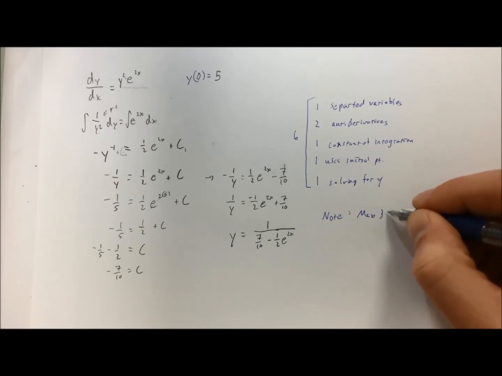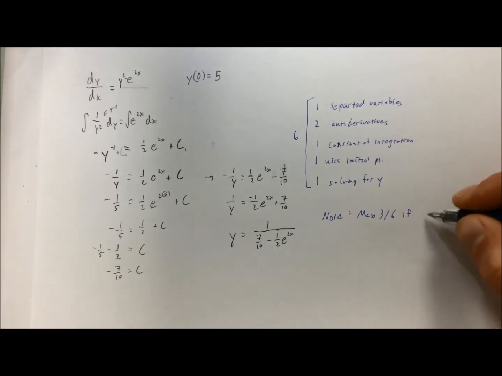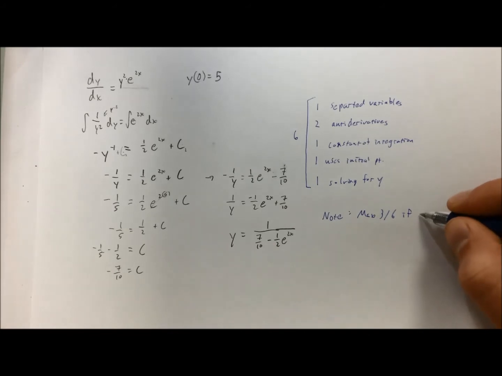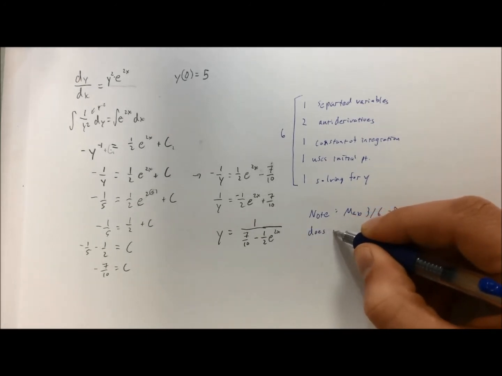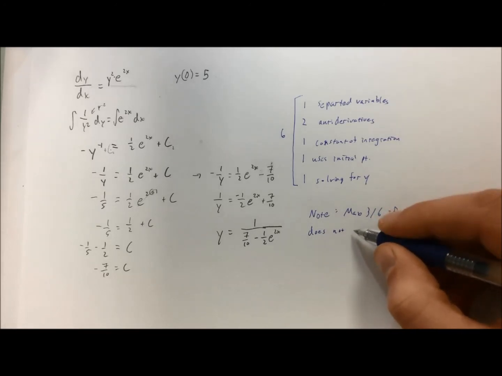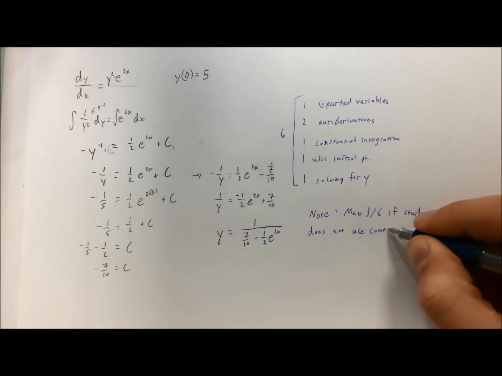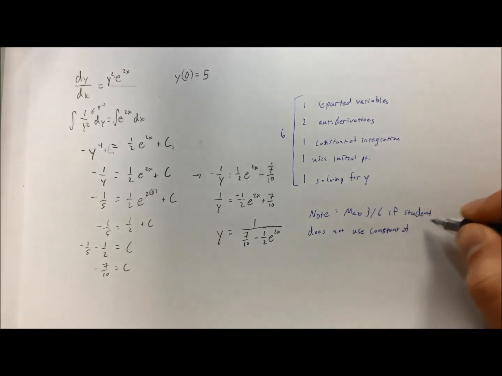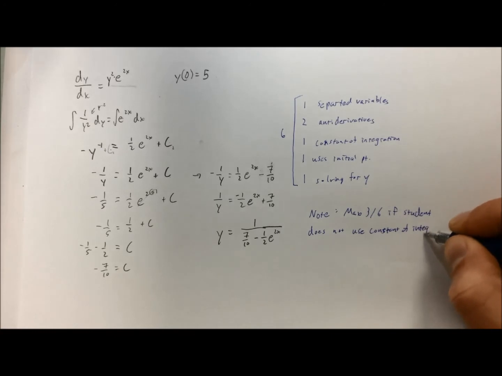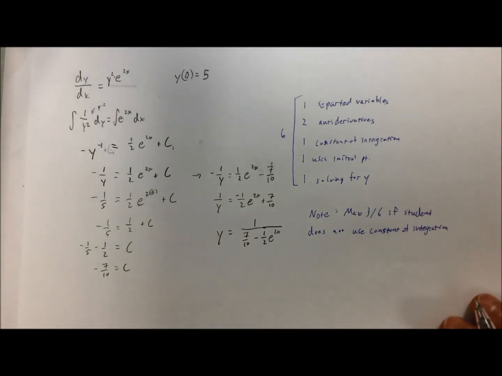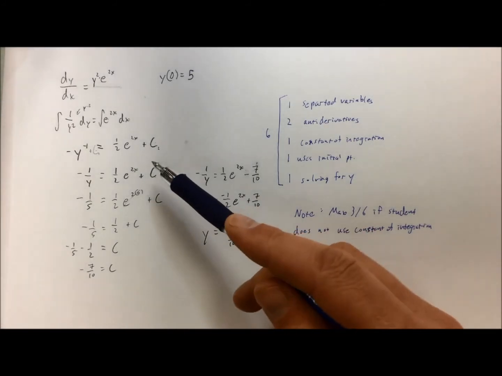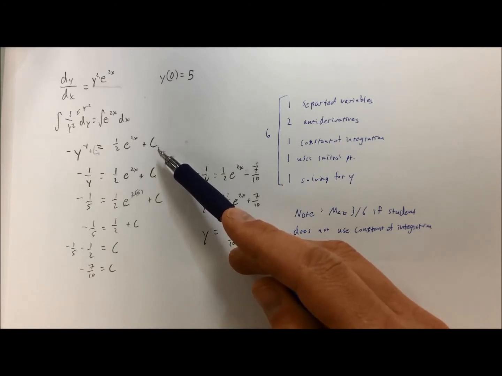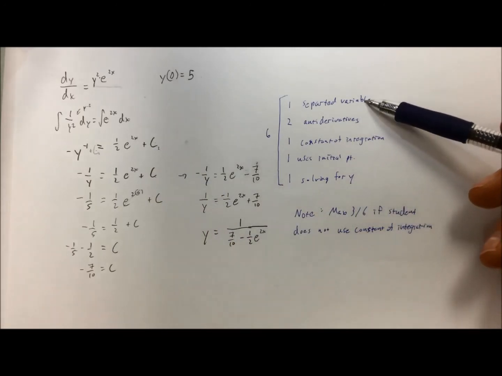Now they would normally say, note, maximum 3 out of 6 if a student did not consider the constant of integration. So if you forget the plus c right here, the most you could get is 3 points.